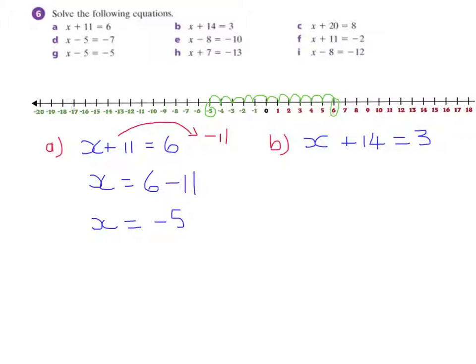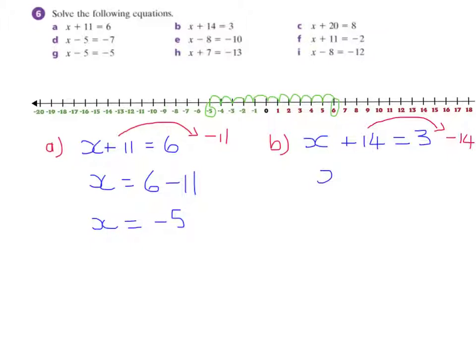With all the other ones we've had positive answers. With these ones we're going to get some negative answers. So let's have a look at this next one. It's a positive 14 on this side. Take it over to that side, it becomes a negative 14.